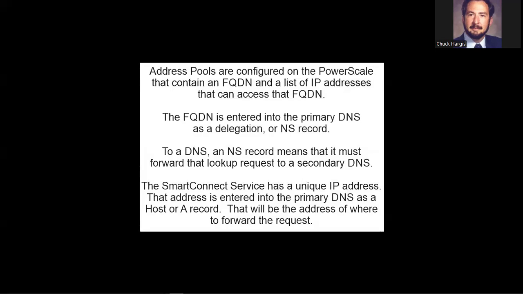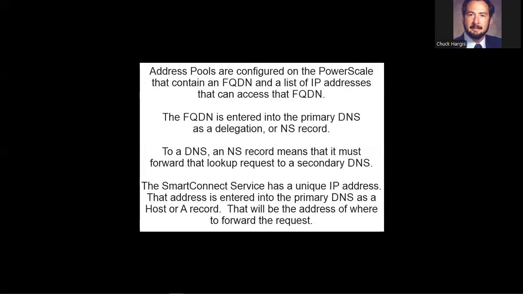In OneFS, we do not assign IP addresses to an FQDN. Instead, we create what is called an address pool, and in that address pool, we will list the FQDN and a list of IP addresses that can be used to access that FQDN. That FQDN is then entered into the primary DNS as a delegation or NS record.